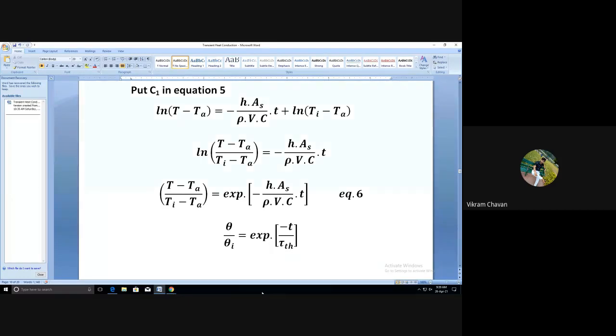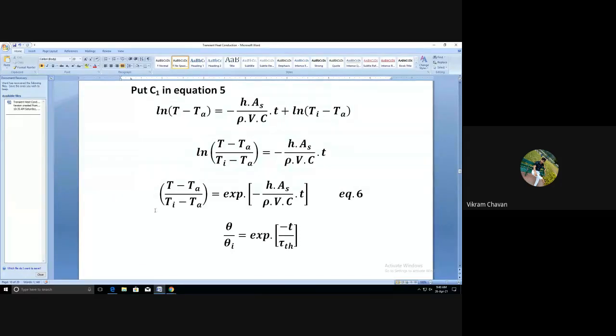So in the previous lecture, we discussed the lumped heat capacity analysis. In that, we derived this equation: T minus Ta divided by Ti minus Ta is equal to exponential of minus h multiplied by A suffix s divided by rho V c, multiplied by t. This is equation number 6.